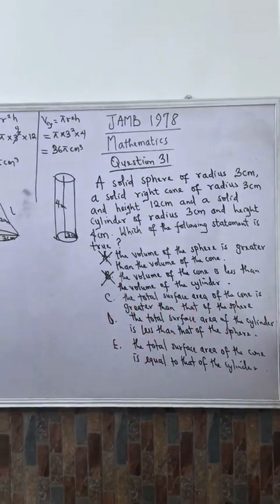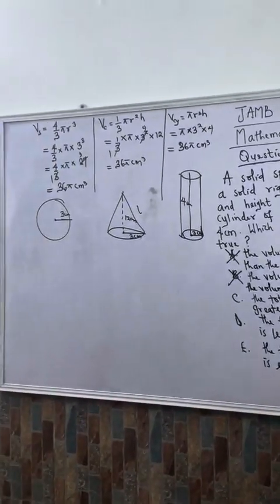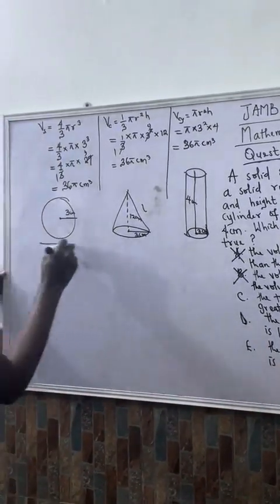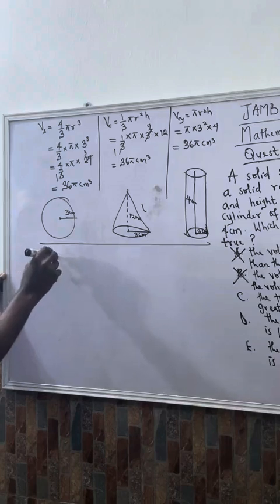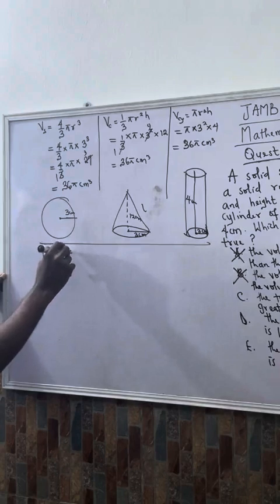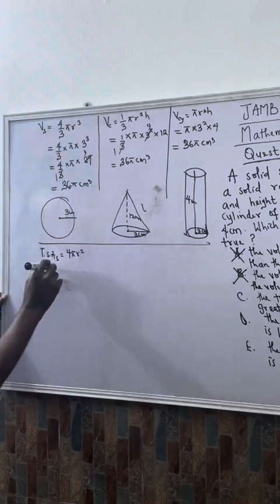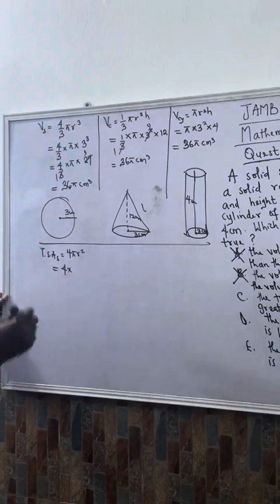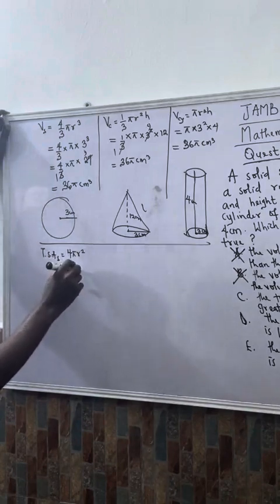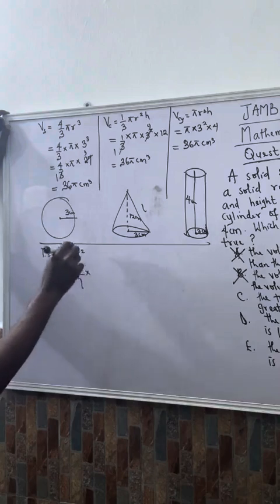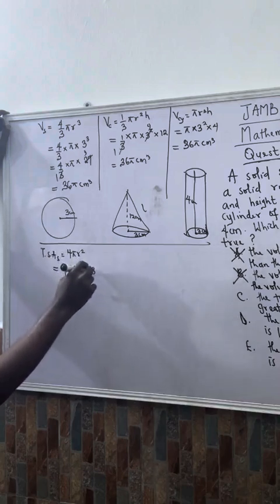So let us confirm that. What's the formula for total surface area? Let's start with the total surface area of the sphere. That is equal to 4 pi r squared. Let's substitute 22 over 7 for pi; r squared is 3 squared.